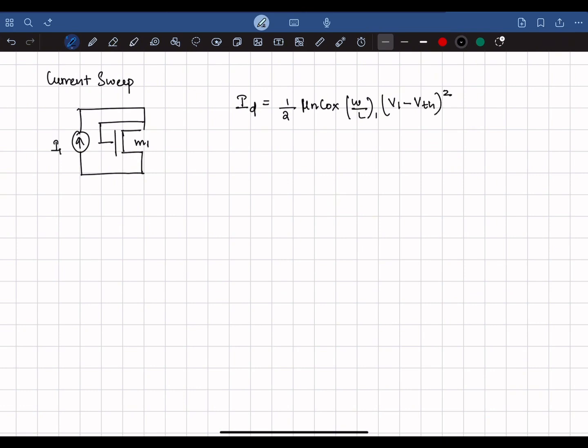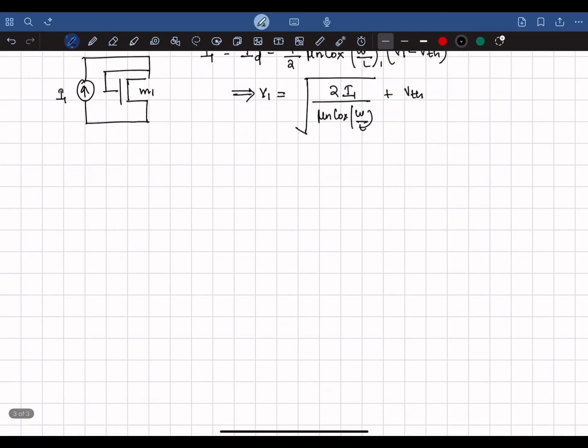It is as if we are trying to find the inverse of whatever we did in the voltage sweep. From this we can get the equation for V1, which is the square root of 2 I1 divided by mu n Cox W/L, plus VTH.